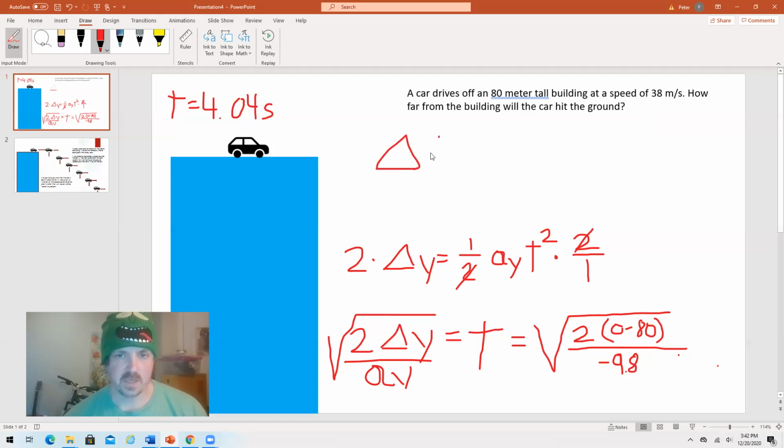If I were using it with respect to displacement in the x, and I said, okay, well, delta x equals the initial velocity in the x multiplied by t plus 1/2 a in the x t squared, okay?